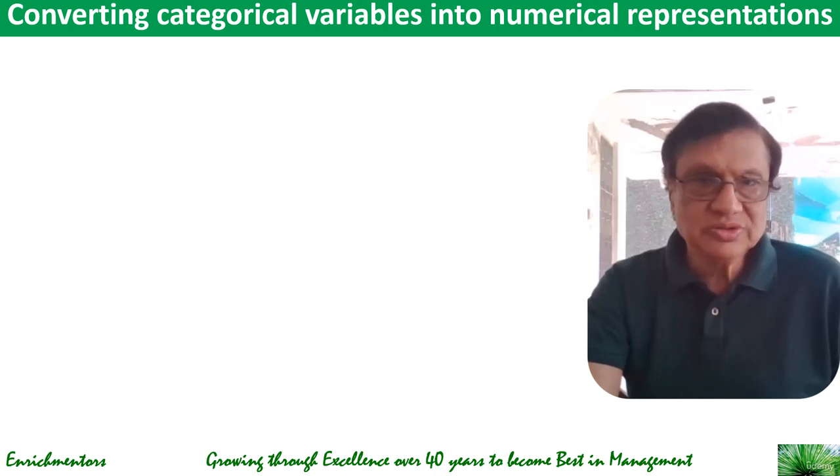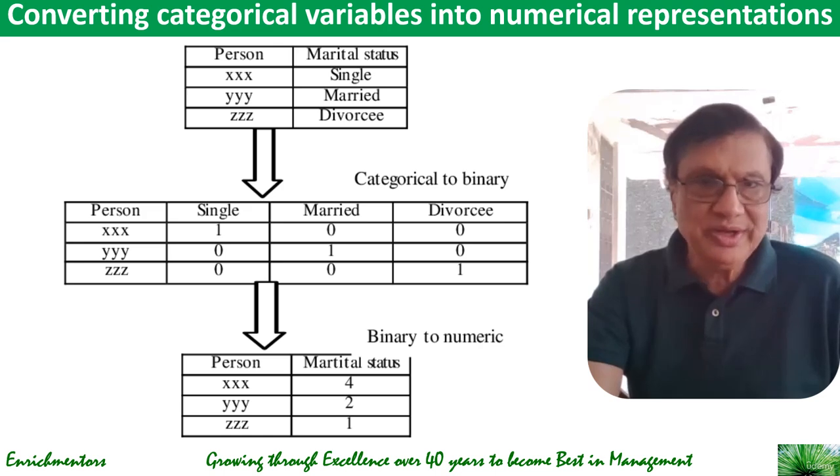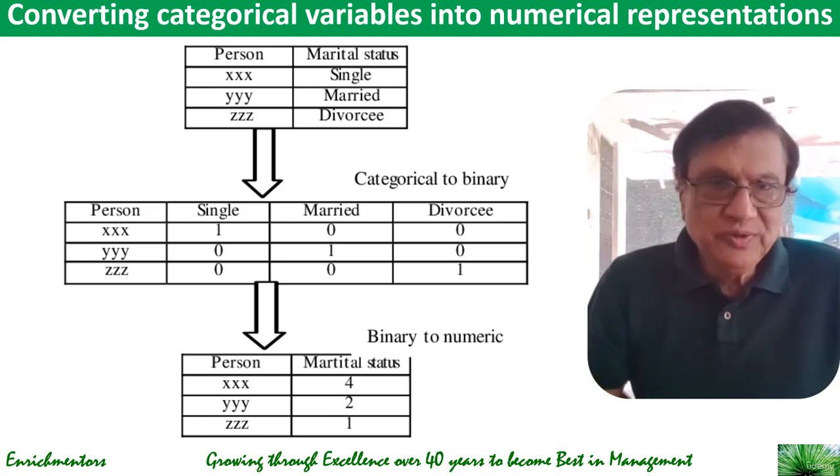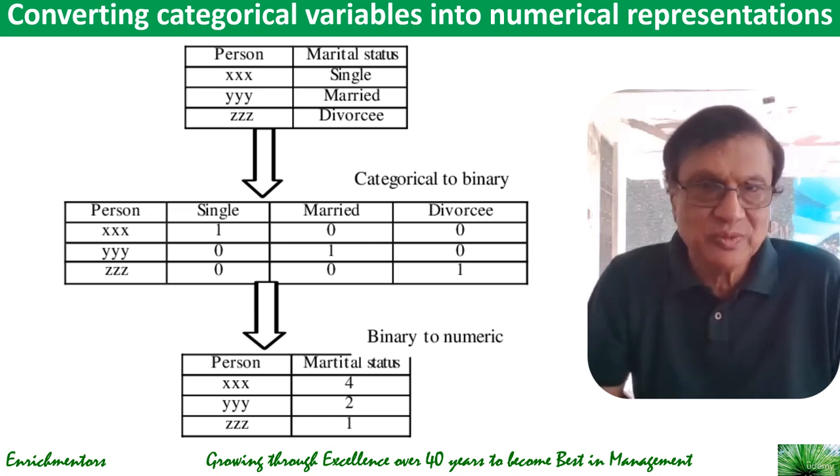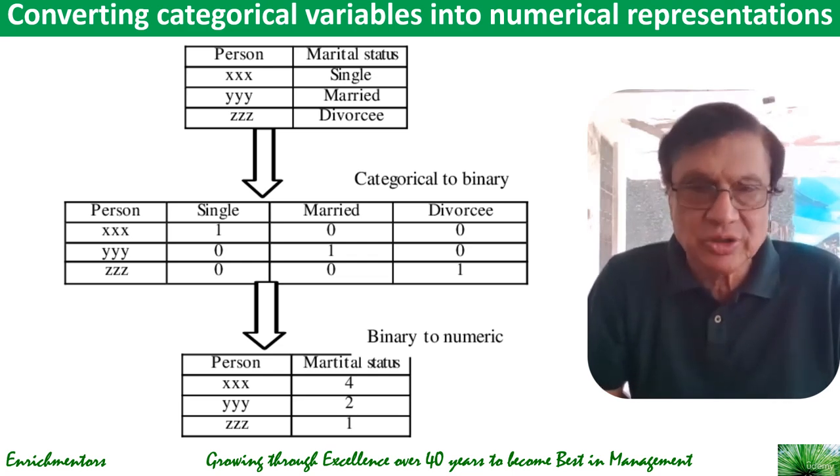So let's start with one-hot coding. If your data is categorical, let's say the marital status is single, married, and divorced. And these could be your three categories, and you could have a lot of data in that. Now the question is, how do we convert it into numerical form? Because computers cannot read categorical data. They need binary or numerical values.